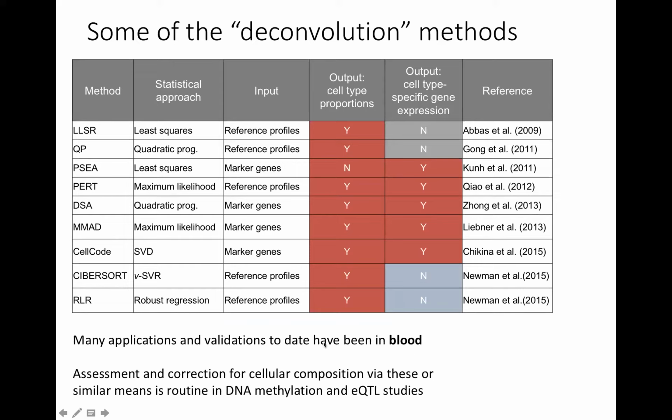So you'll see a lot of papers, especially these methods development papers, using blood. And these methods, or ones like them, which I'll talk about more in a minute, make this kind of assessment or correction for cellular composition really routine, especially in DNA methylation studies, where you can do the same thing with methylation patterns.